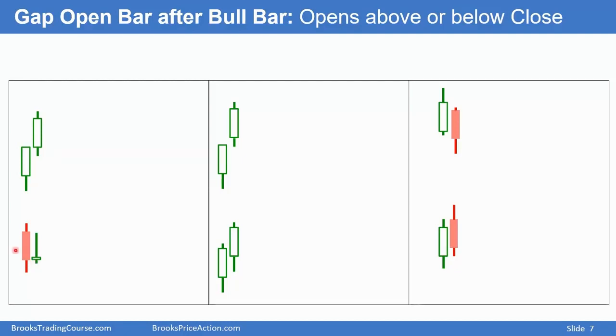No gap. This bar opened above that close. There's a gap. This bar opened below that close. There's a gap. So bull bar and then a gap down that rallied up, a bull bar and a gap up that rallied up.